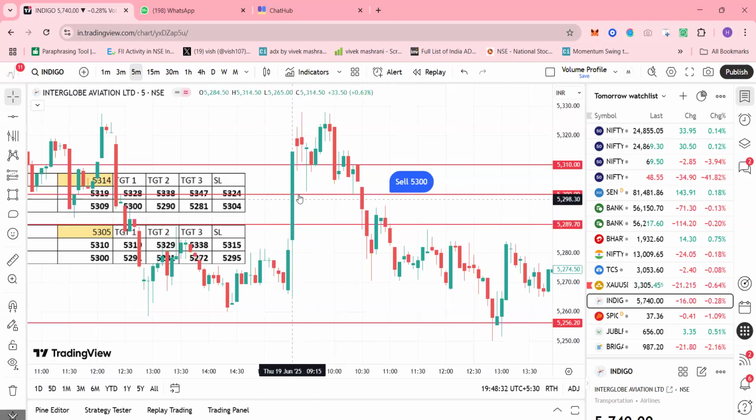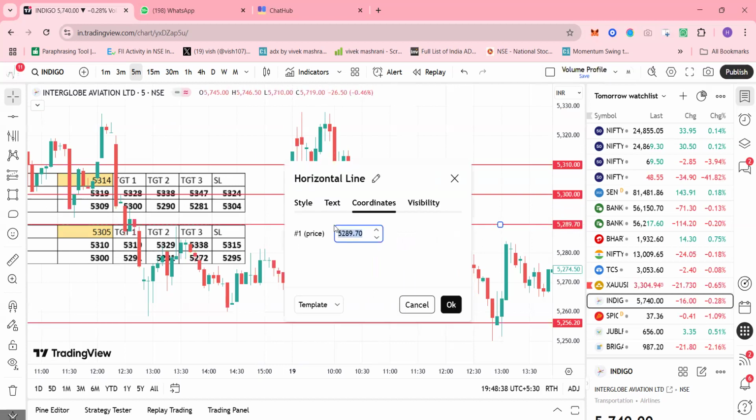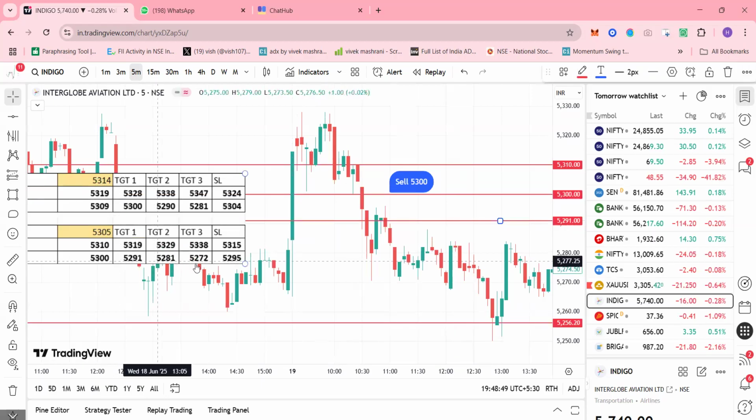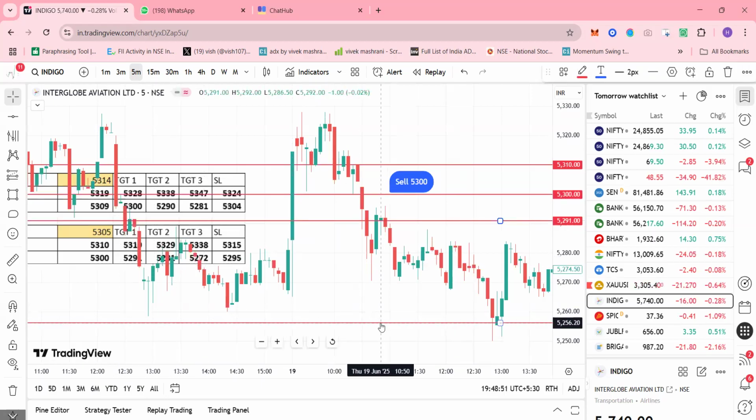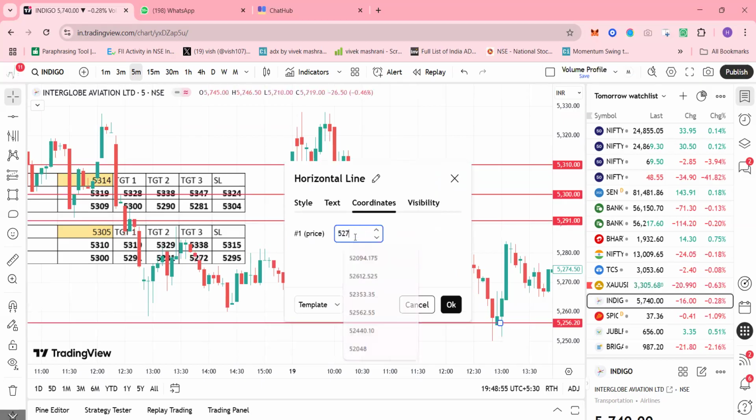What is the second target? 5291. And then 5281, 5272. We don't have to look at all that, we can directly take 5272.